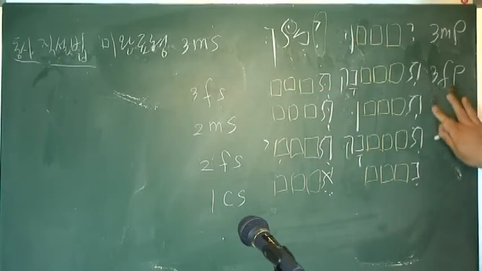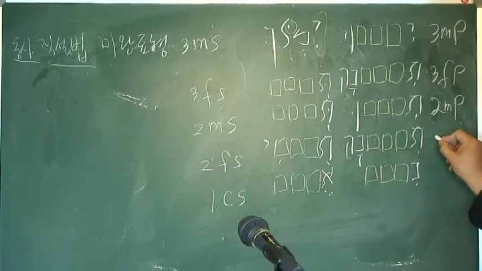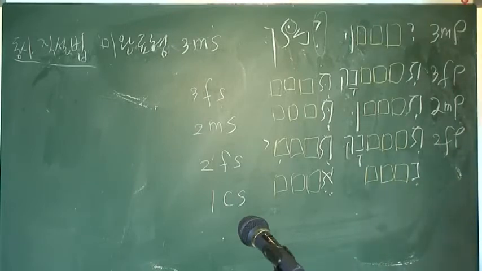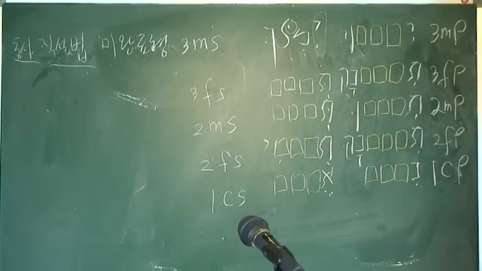Next, the third and second-person masculine plural verb of the indicative imperfect form. Next, the second-person feminine plural verb of the indicative imperfect form. Lastly, the first-person common plural form of the indicative imperfect form of verbs.